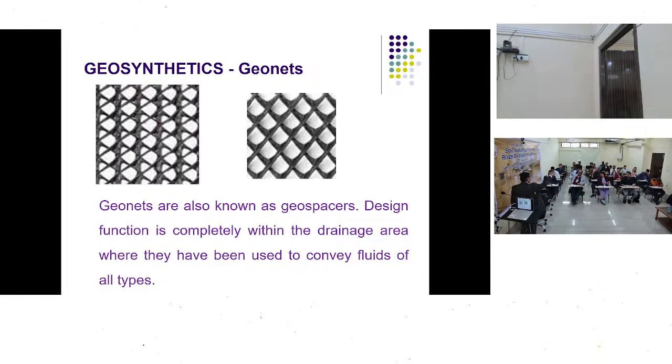Whenever this region gets saturated, and at the bottom we will also have a collection system, the water will ultimately come to these sides. Through the non-woven geotextile the water will pass but the soil will not, and then through the vertical forms of the geonet, the water will travel down.